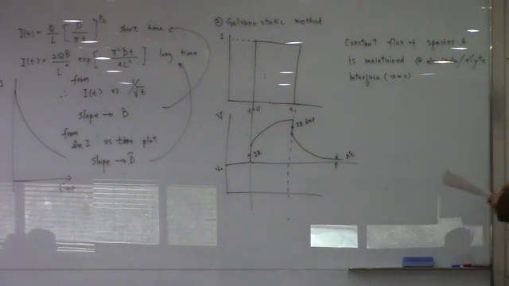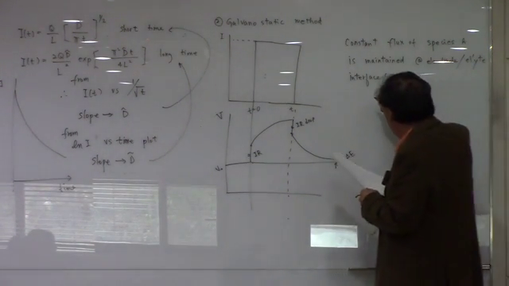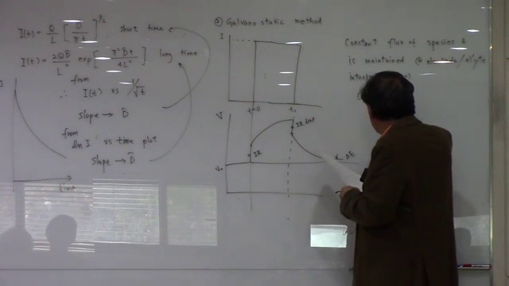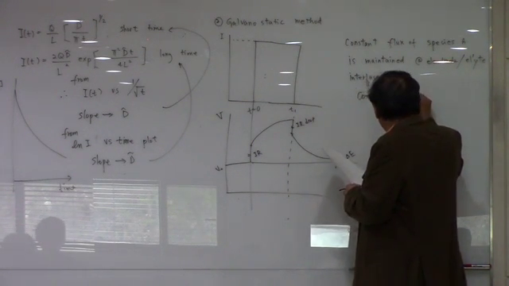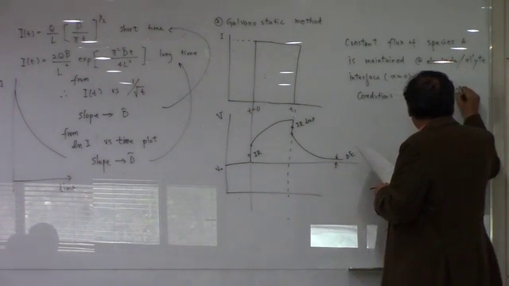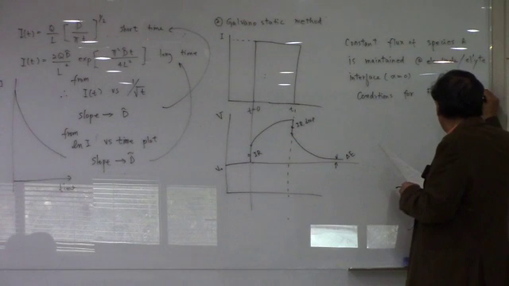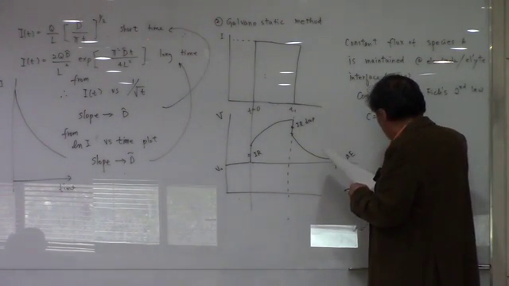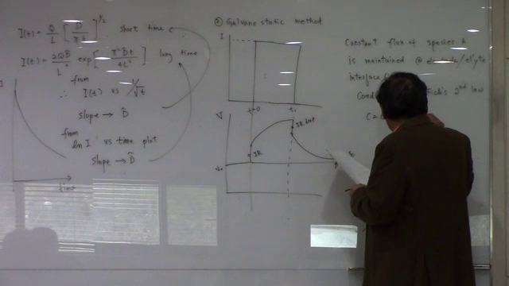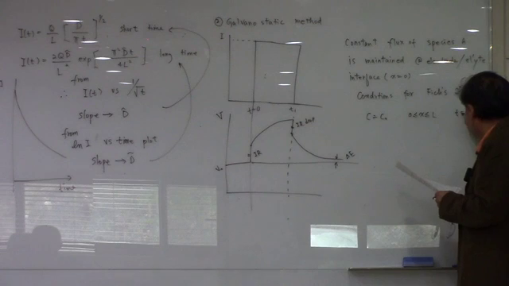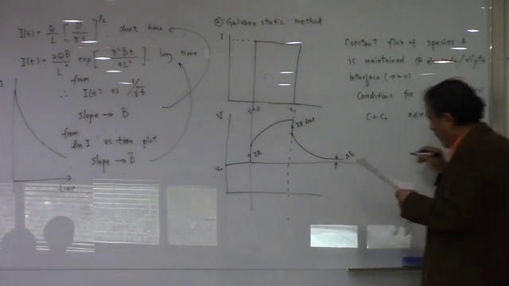So with this experiment, now the initial conditions and boundary conditions for Fick's second law is that C equal to C naught throughout the cathode thickness as the initial condition.